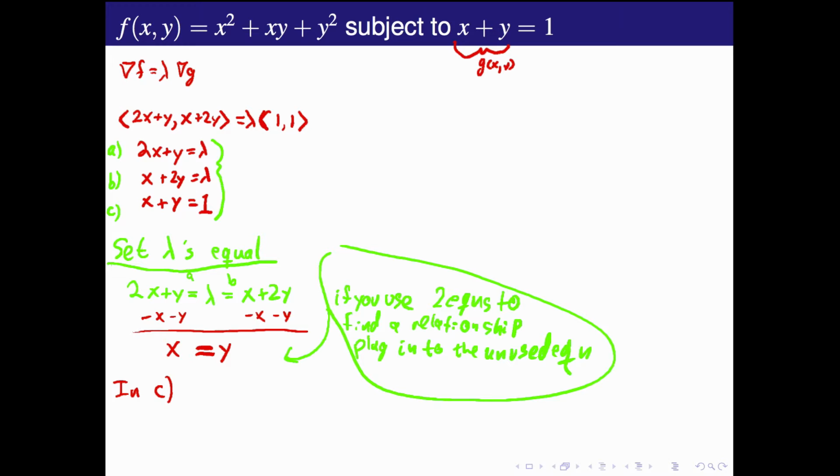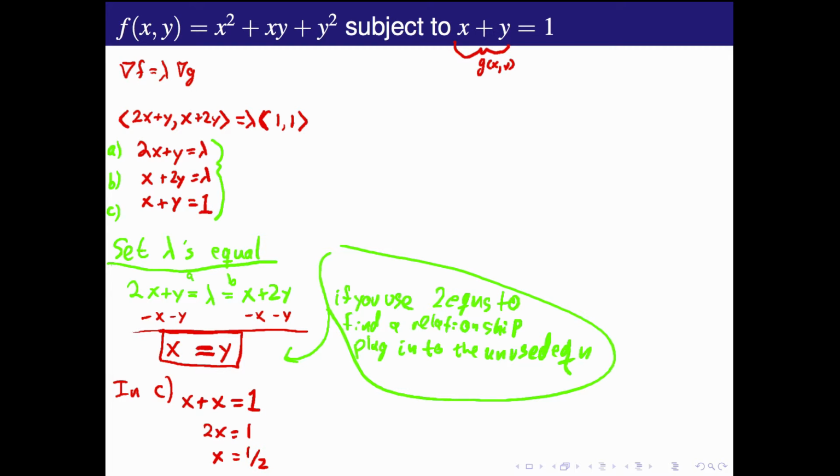Since I haven't used equation C yet, that's where I'm going to plug in this relationship that x is equal to y. So that means that x plus y, which is also 2x, is equal to 1. So 2x equals 1, or x equals 1/2.